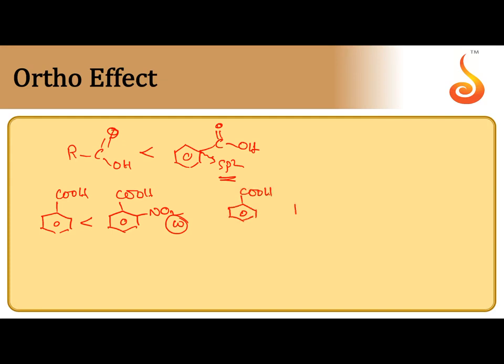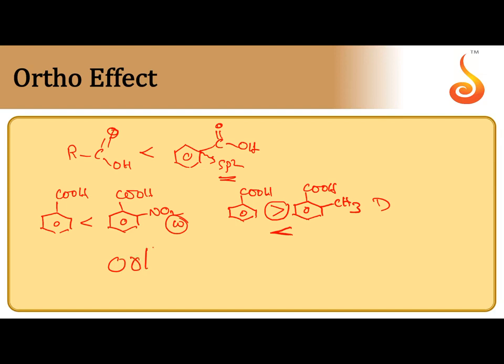Let us take another example, benzoic acid and orthotoluic acid. At ortho position we are keeping CH3. So generally CH3, since it is acting as donating group by plus R effect, we can think orthotoluic acid is weaker acid. But experimentally we came to know that orthotoluic acid itself is more acidic than benzoic acid.